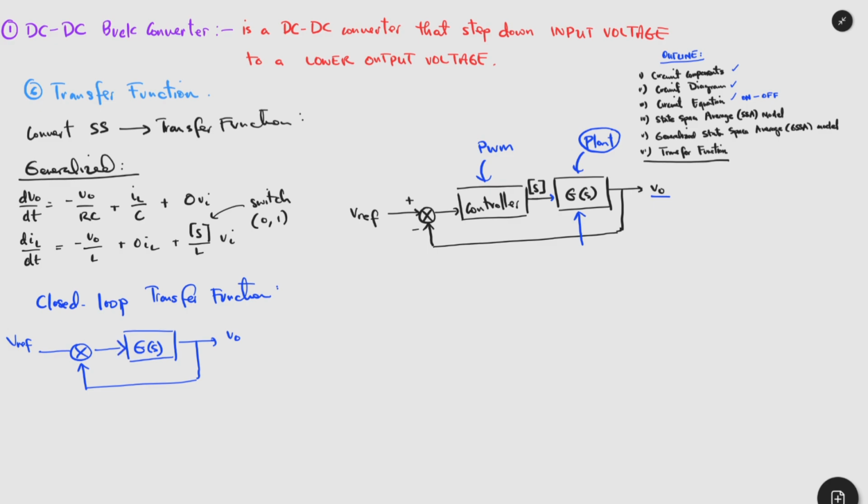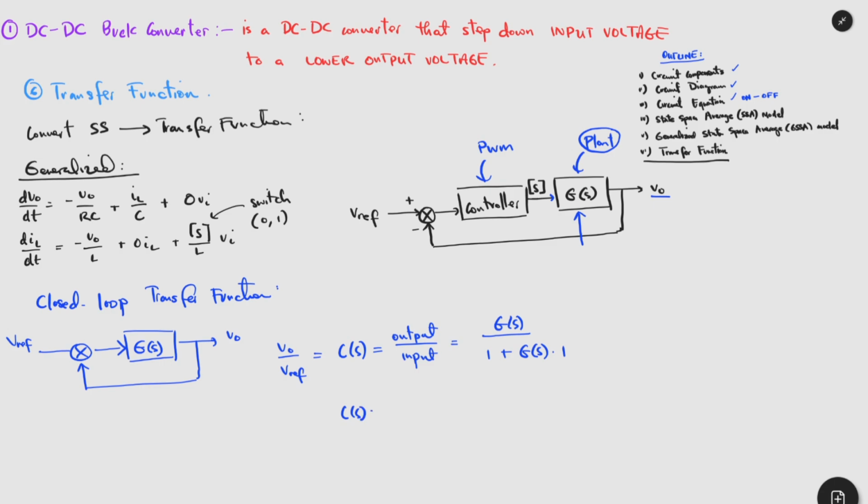So we can now know that our output will be v naught over the voltage ref, which can be equivalent to, like we have said, C of s, which is equal to the output over the desired input, will now be simply G of s over 1 plus G of s, because since it is a unity feedback, the feedback is equal to 1.